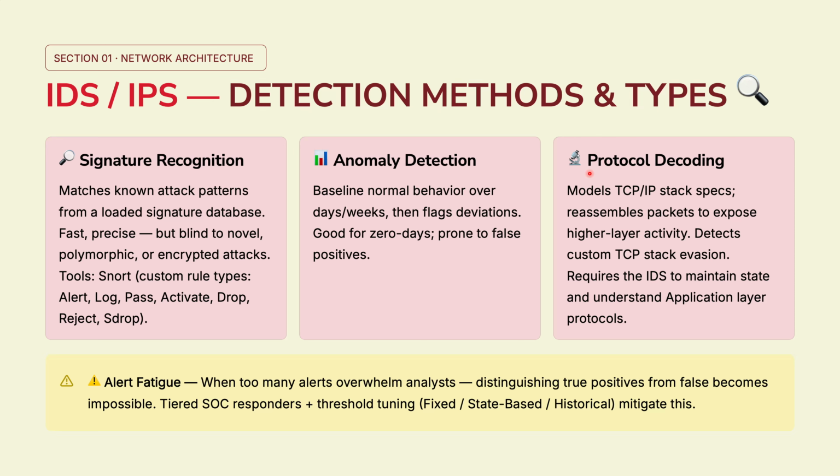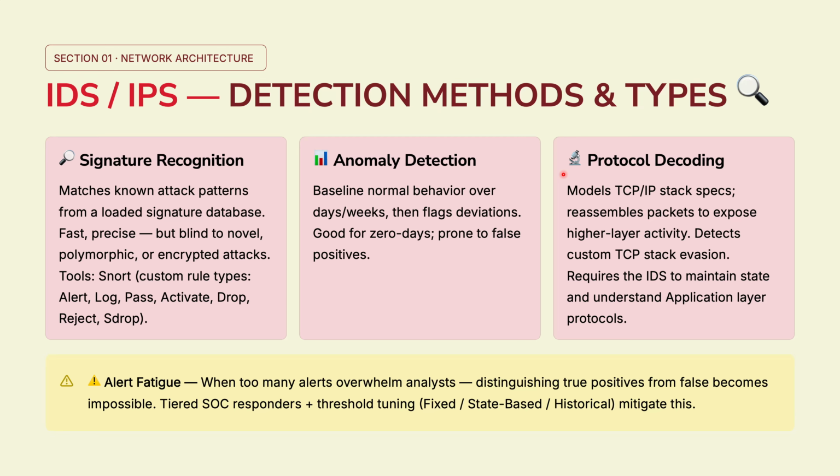Now, the third one, protocol decoding, reassembles packets and models the full TCP stack specification to expose higher layer activity that simple packet inspection would miss. As a result, it can detect sophisticated evasion techniques, such as custom TCP stack manipulation.